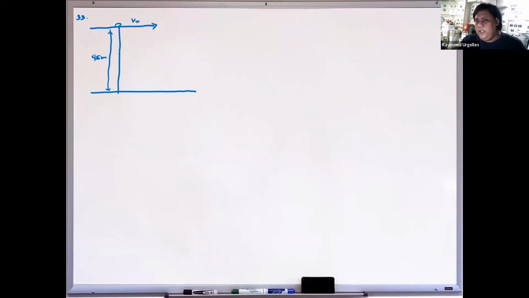Since it is thrown horizontally, theta is equal to 0 degrees. It will follow a parabolic path until it hits the ground. The distance from the building is 24 meters according to the problem. So we know x and y.